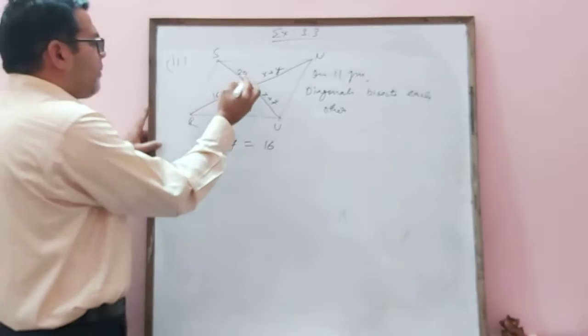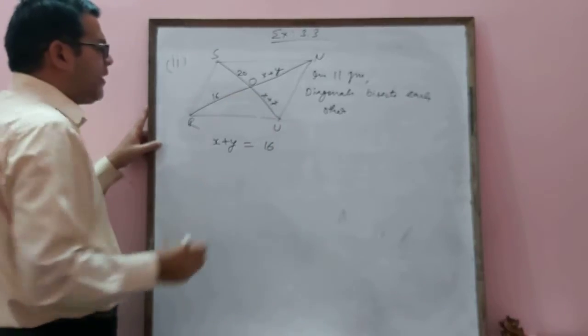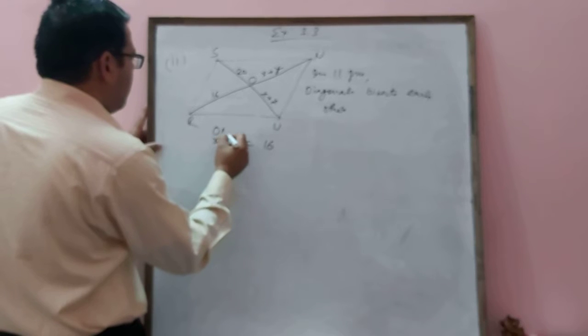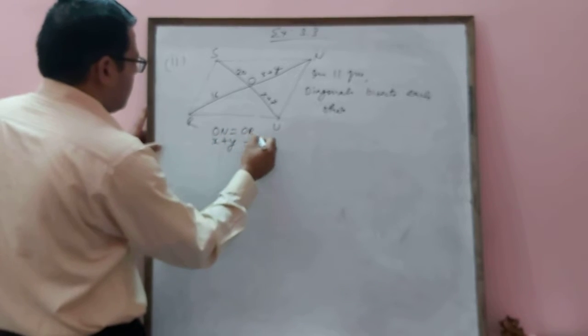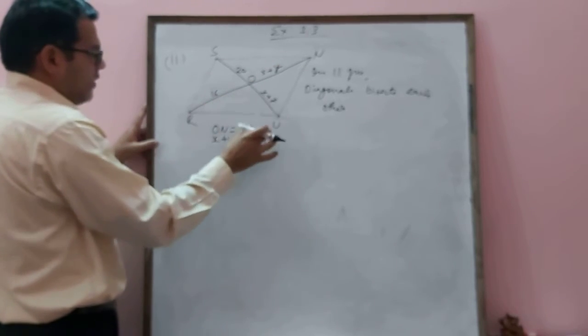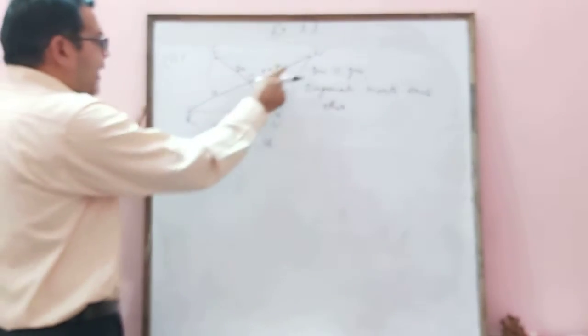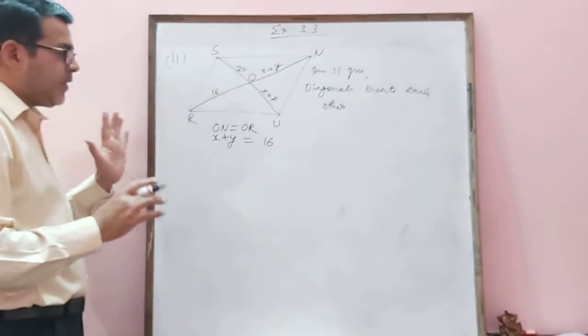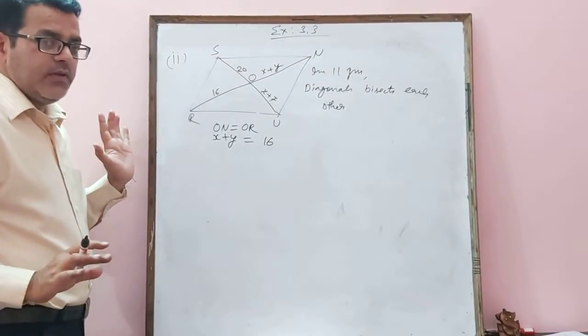Bisect each other means, suppose the intersection point is O. It means we can say that ON equals OR. This distance will be equal to this distance OR. ON is x plus y and OR is 16. So we can write x plus y equals 16.